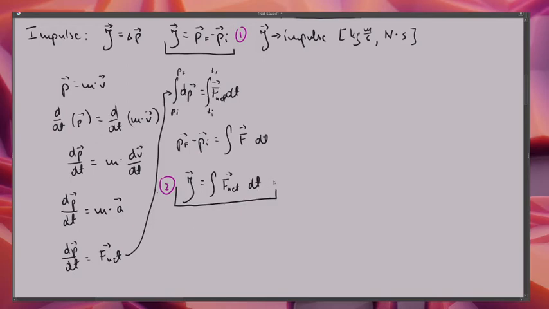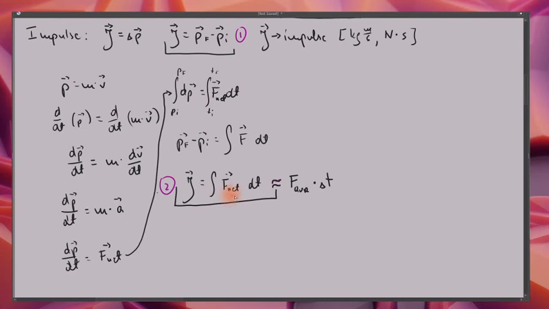So what this will often become is we're just going to approximate this thing with the following expression. It's some kind of an average force during the collision times however long the collision takes, or average force exerted on an object which causes the change of velocity in the object times the time during which that change takes place. Note that there's no equality; this is just an approximation.